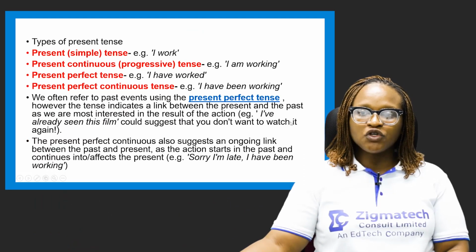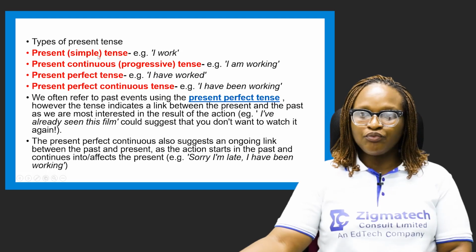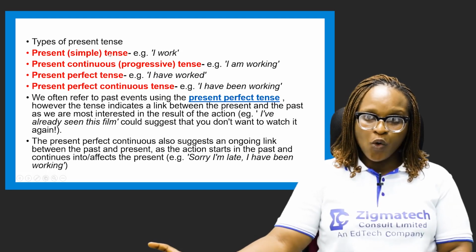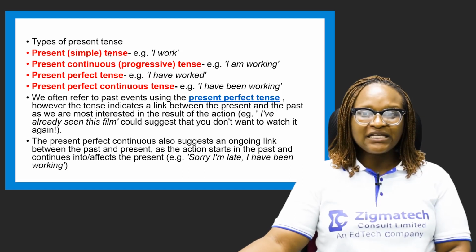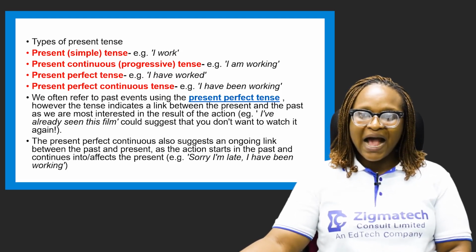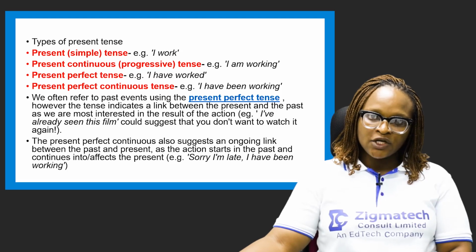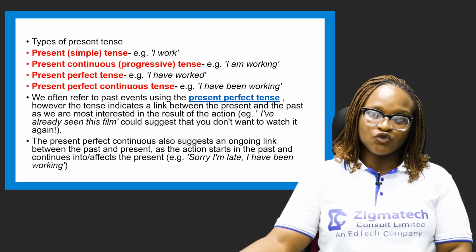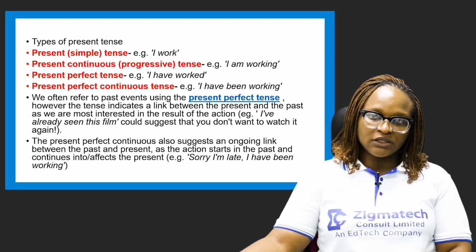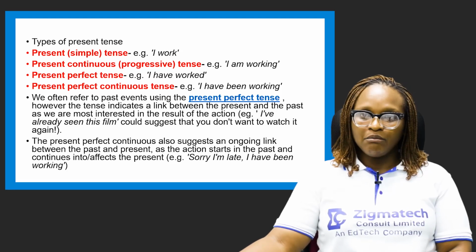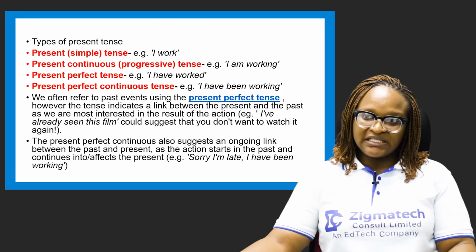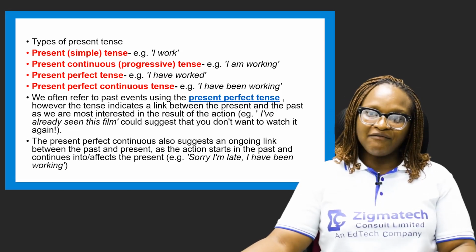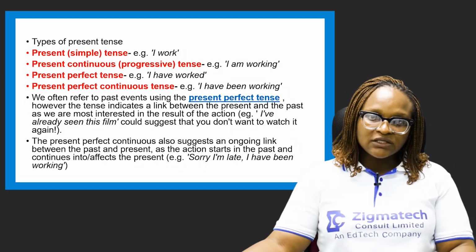Now we have types of present tense. We have the simple present tense, that is I walk. Present continuous, I am working. Present perfect tense, I have walked. Remember in past perfect tense, we had I had walked. Okay? But in present, we have, in perfect tense, the verb form walked.